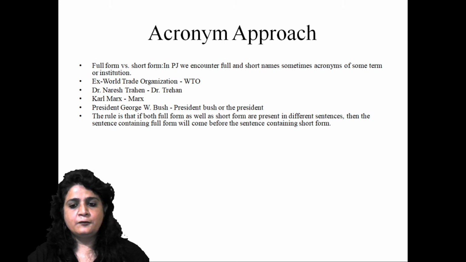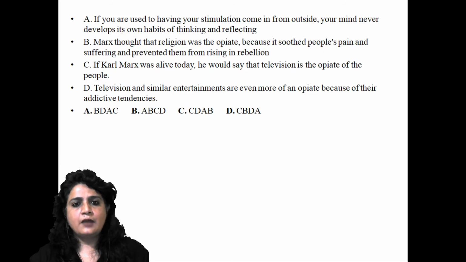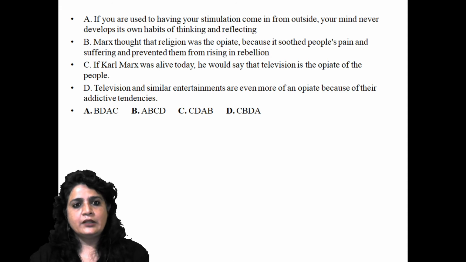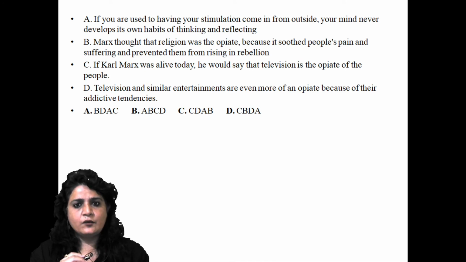All right. So again, this simple strategy and a bit of the application of your logic is going to help you in bringing your answer. Now let's see how that understanding of acronym and full form we can apply in this question. So the first sentence is, if you are used to having stimulation coming from outside, your mind never develops its own habit of thinking and reflecting. So that could be an opening statement. Now, statement B says Marx thought that religion was the opiate.